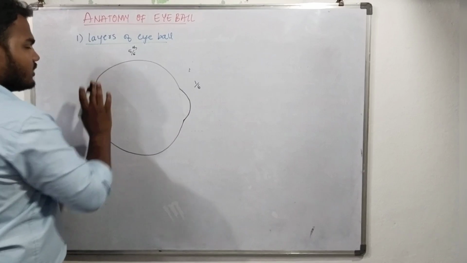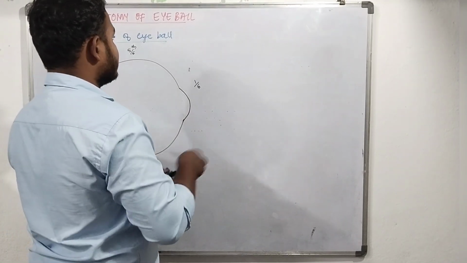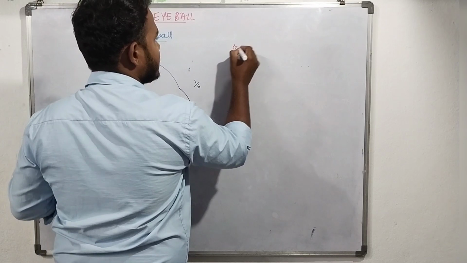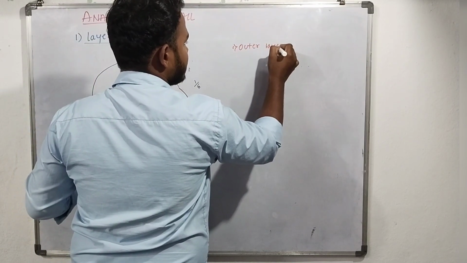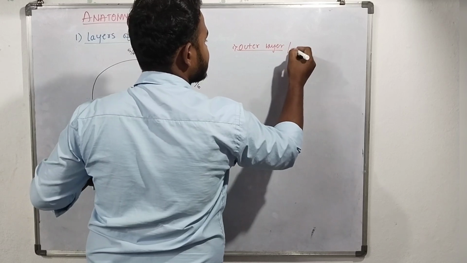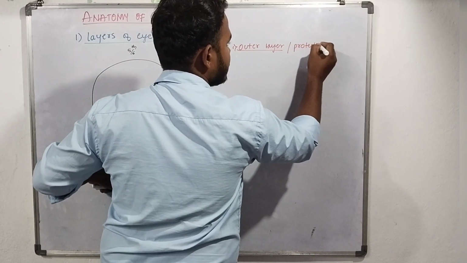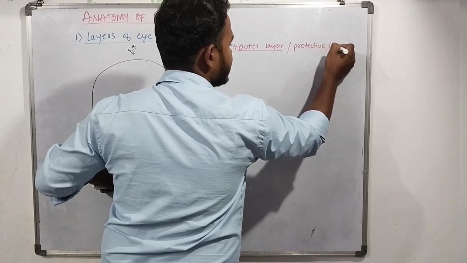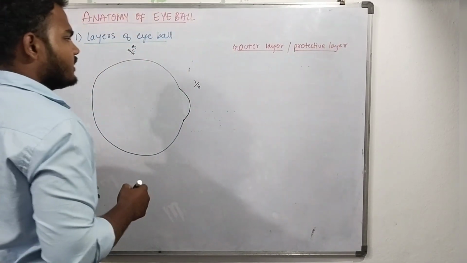Okay, the outermost layer we will write here. The outermost layer, outer layer, is also known as the protective layer. It means it protects the eyeball.